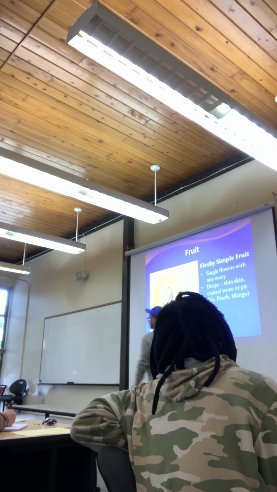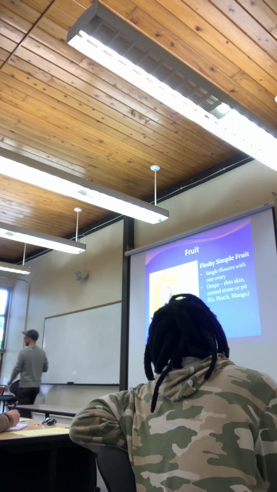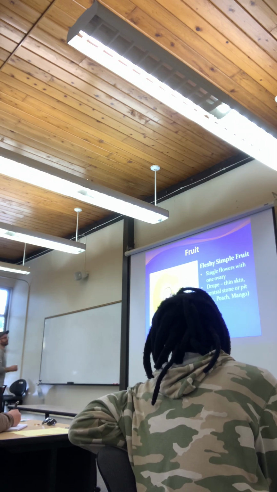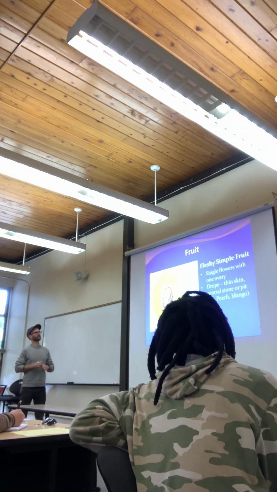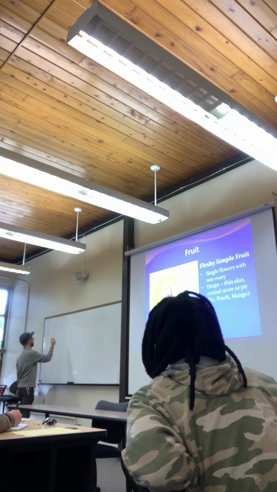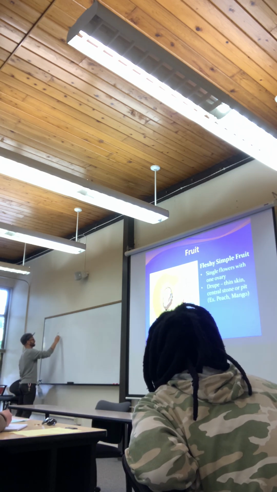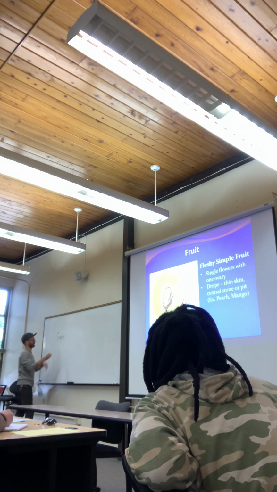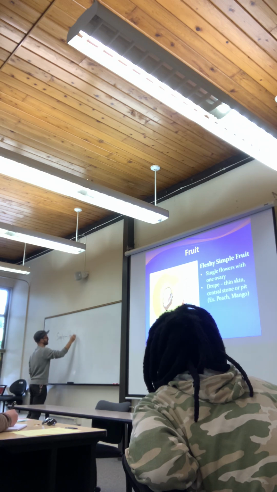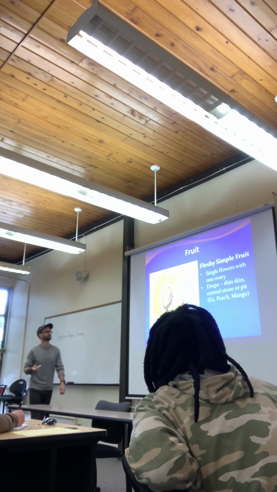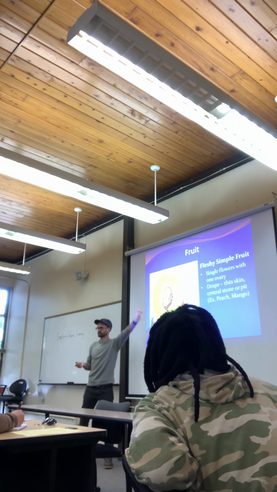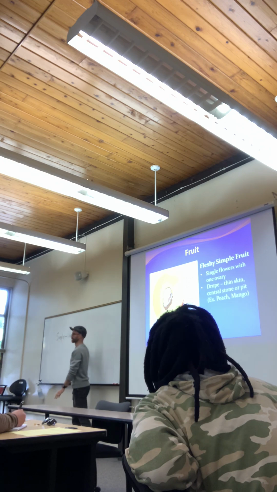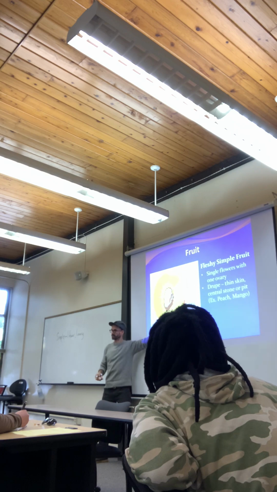So that's the part that I want you to pay attention to as I make these distinctions on the next couple of slides. So simple fruit, just like the name implies, it's not too complicated because it's one flower, one ovary. So one pollination event fertilizes that one ovary, and you get one peach.